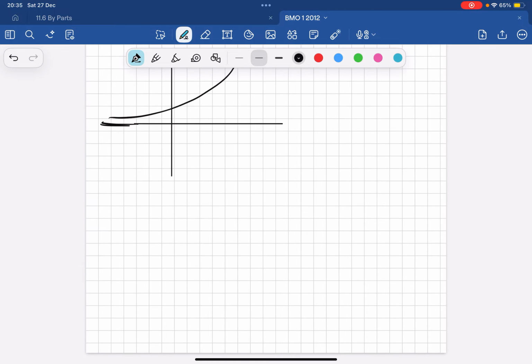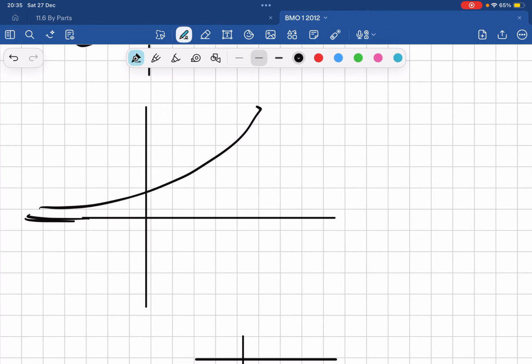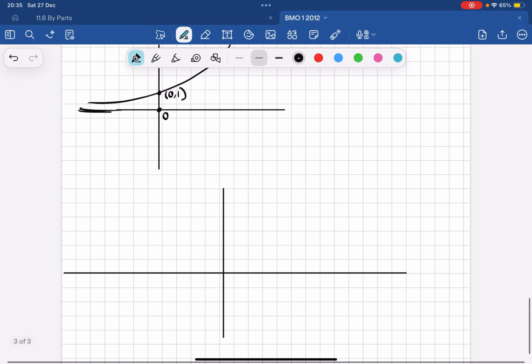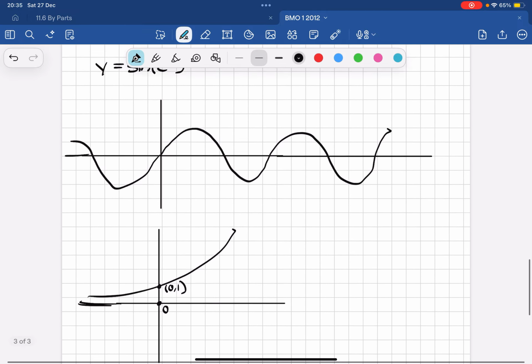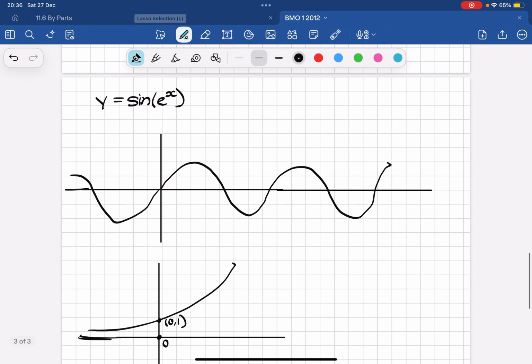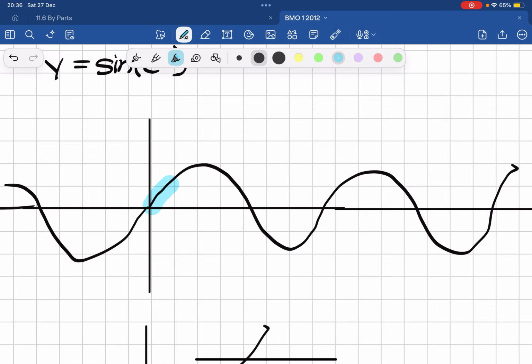So let's consider parts of the graph. If you look at e to the x when x is negative, the values of e to the x are between 0 and 1. And if we put this into sine, right? Well, sine of any number between 0 and 1 would just cover this region of the graph here.